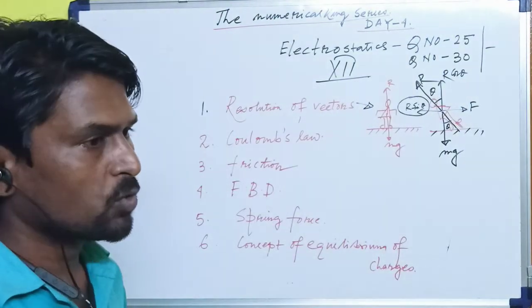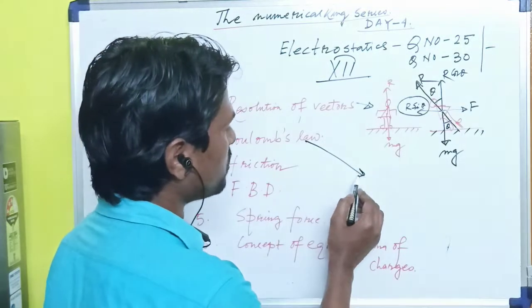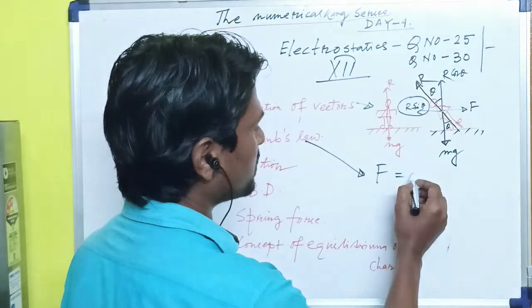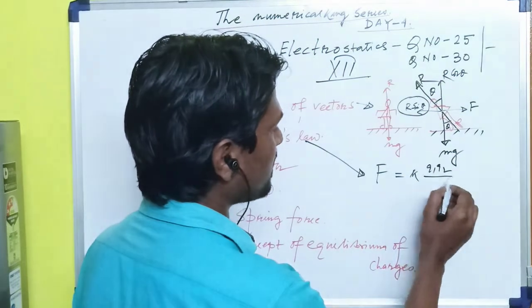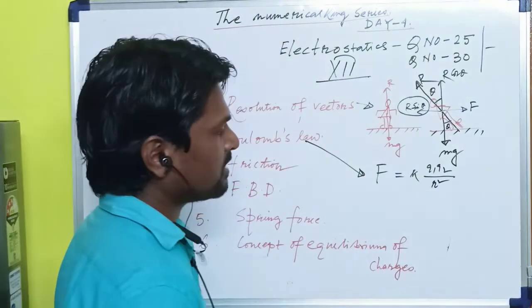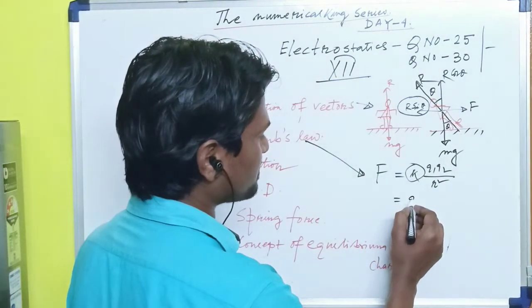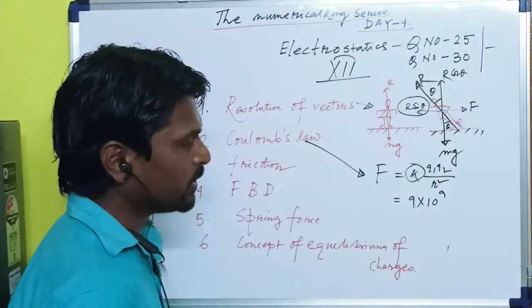Next, the second concept is Coulomb's law. From Coulomb's law, you know that F equals kappa Q1 Q2 by R square. Kappa is a proportionality constant, Coulomb's proportionality constant, and it depends upon the system of units used.